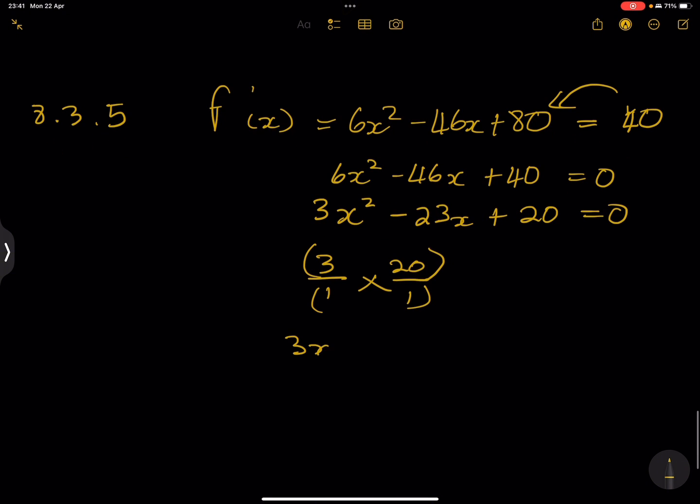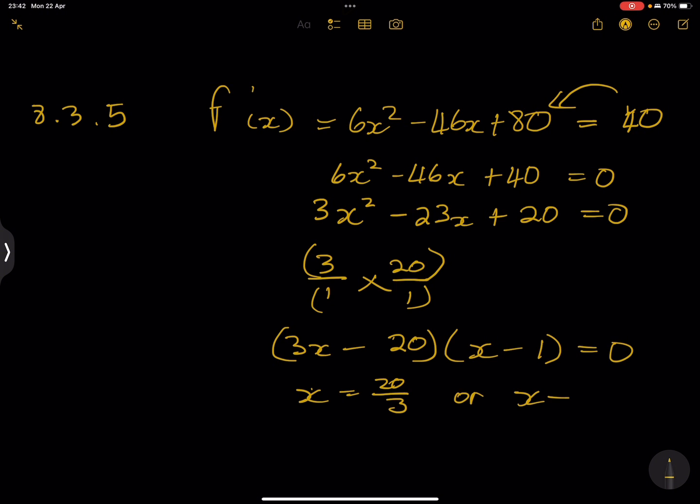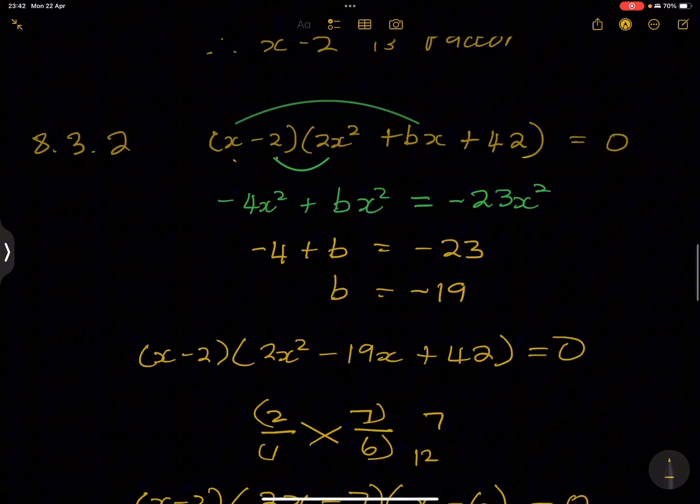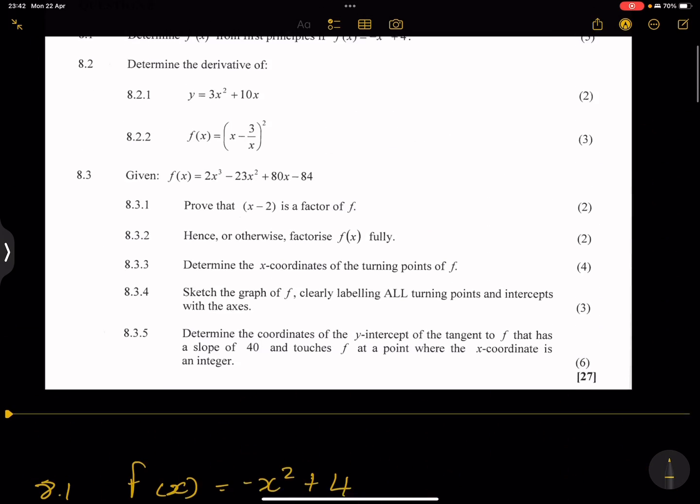So that will be 3x minus 20, and the other one is x minus 1. And this would be equal to 0. Now, note in this case, x is 20 over 3, or x is equal to 1. Note they did say to us that it must be an integer.